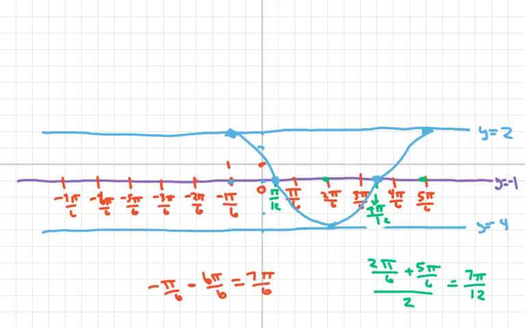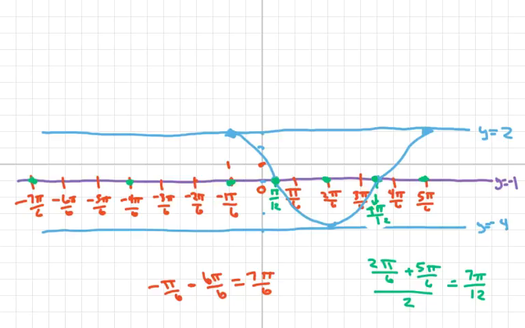Now, the midpoints. Here are my 5 points that we used to draw the characteristic curve. I forgot 4 pi over 6. Let me erase this. So we're going to have negative 4 pi over 6, negative 5 pi over 6, negative 6 pi over 6, and negative 7 pi over 6. All right, so my midpoint between these two is negative 4 pi over 6.